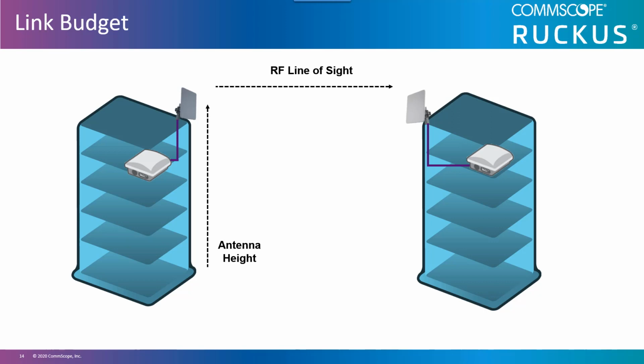Fresnel zones are beyond the scope of this class, but they represent a 3D space between the two devices, of which at least 60% of the zone should be free from any obstructions. If you do not have at least 60% free, then the link is deemed possibly unusable.